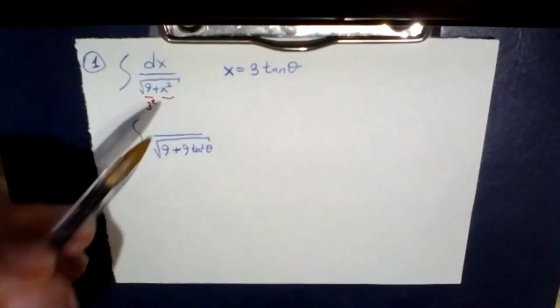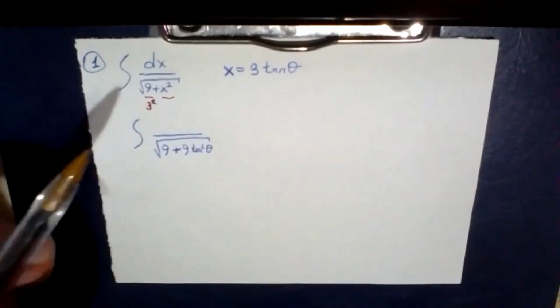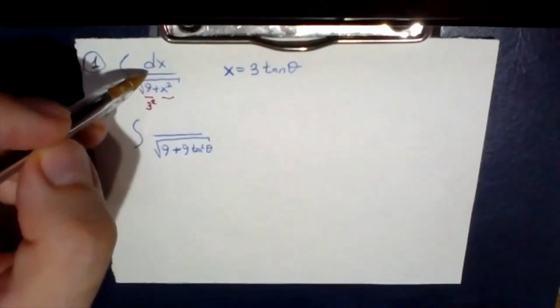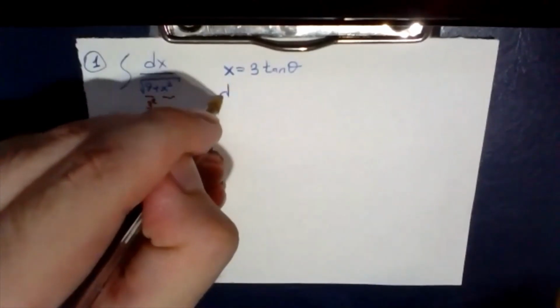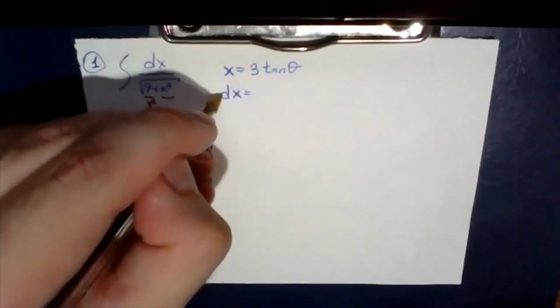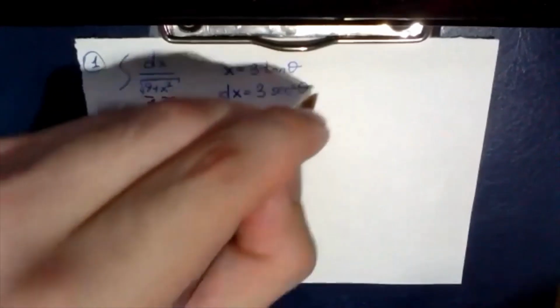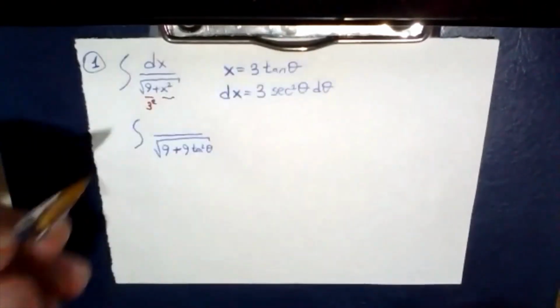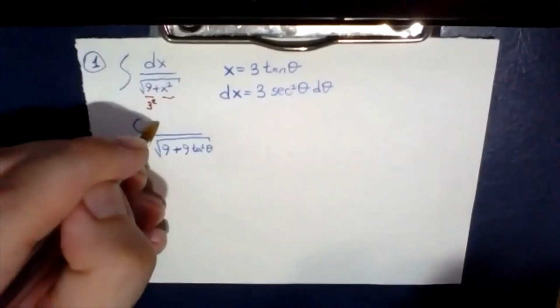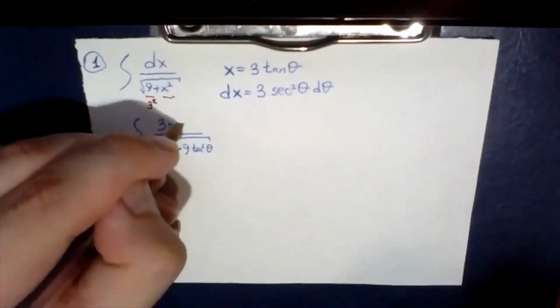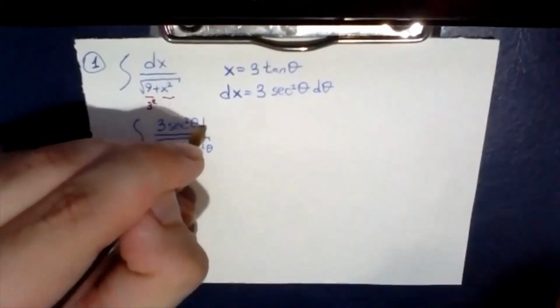We should turn everything into theta. So we should calculate dx. If x is equal to 3 times tangent theta, then dx is, by taking the derivative of both sides of the equation, 3 times secant squared theta d theta. So instead of dx, we are writing 3 times secant squared theta d theta.